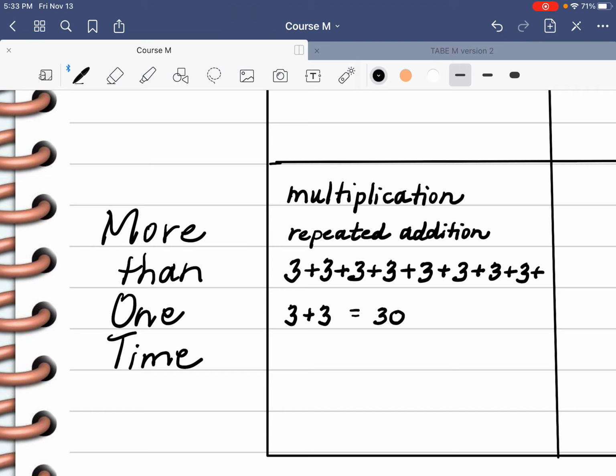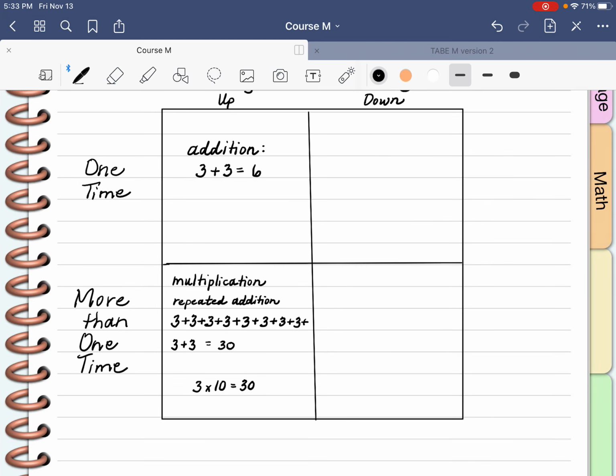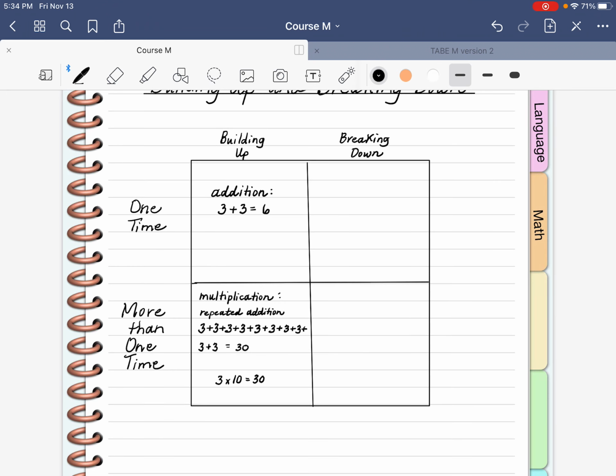The much easier way to write this is 3 cookies times 10 students. That's 30 cookies total. So if you are building up more than once, you want to use multiplication. If you're only doing the building up one time, then you would use addition.